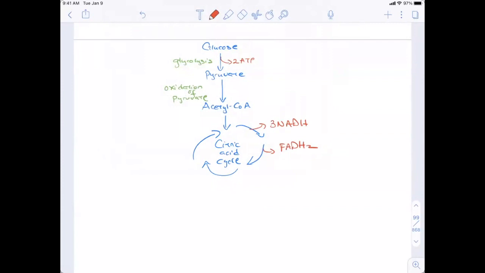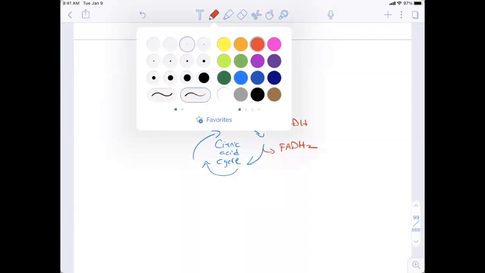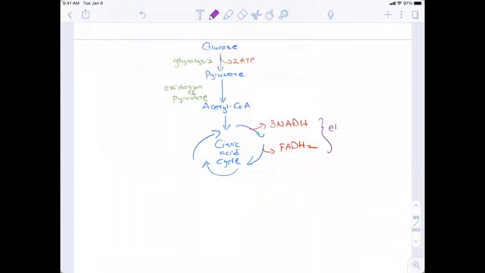And like we said, NADH and FADH2, both of these are electron carriers. They carry electrons in them, a lot of them, right? And in this era of cryptocurrency, you can look at it that way. These electron carriers, they have coins. The electrons are the coins that they can go down to the bank and exchange for energy.